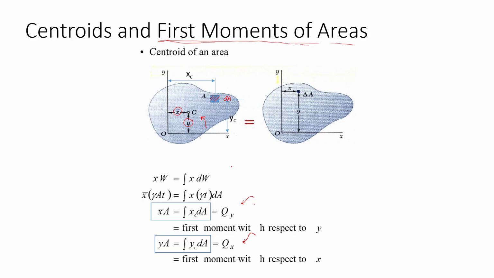So take note that the derivation of this formula started from bar x times the area, equal to the summation of, let's say, the different centroids of your areas, di ba? For the several parts and their corresponding centroids.